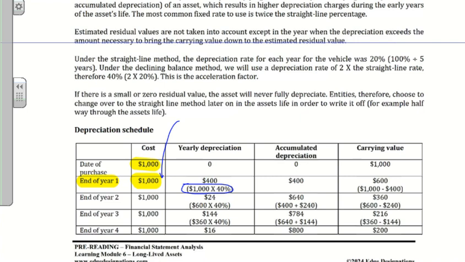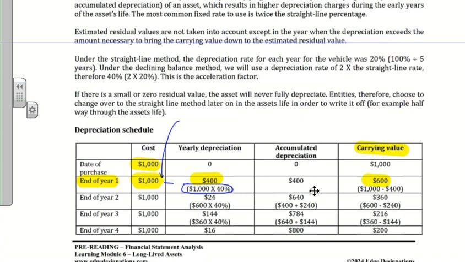$400 depreciation. This method says take the $1,000, the cost price, and work out your depreciation charge: $400. What's its carrying value? Remember, guys, whenever you see the words carrying value, it gives us the value of the asset as it sits on the balance sheet. $600, which I got by saying $1,000 cost less $400 depreciation.